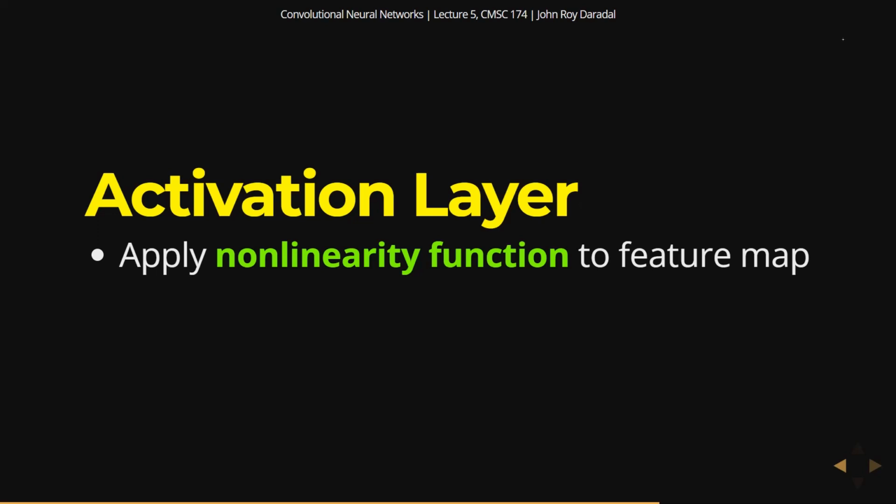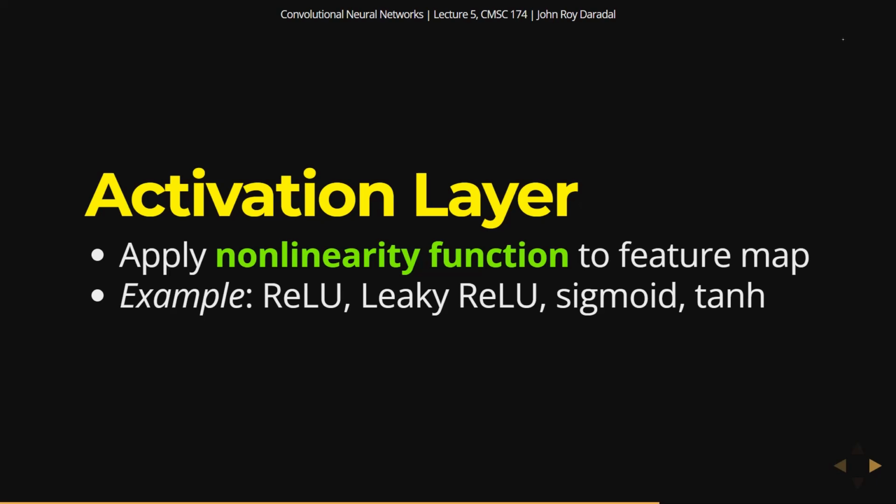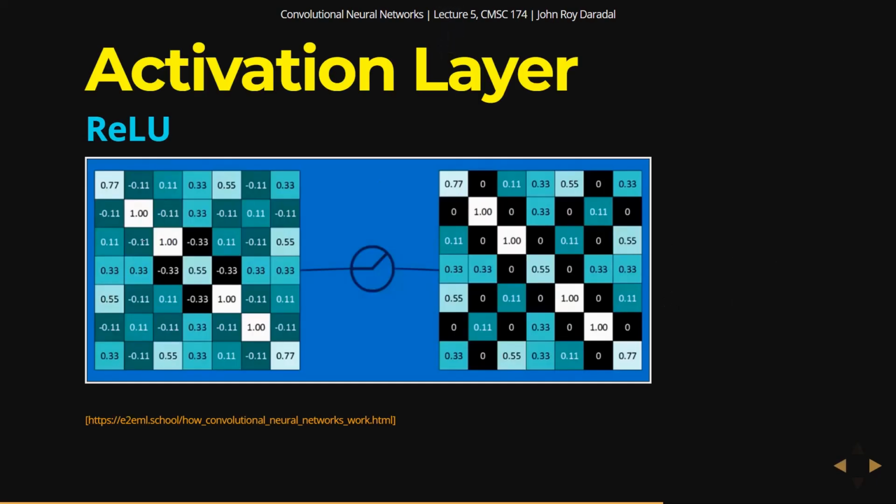So after that, you can apply the activation layer still. So you can apply a non-linearity function to the feature map. So you can choose ReLU, leaky ReLU, but usually you just use ReLU for this one. So remember, ReLU is the simple function wherein if it's greater than 0, it will output the same number, so we won't touch it.